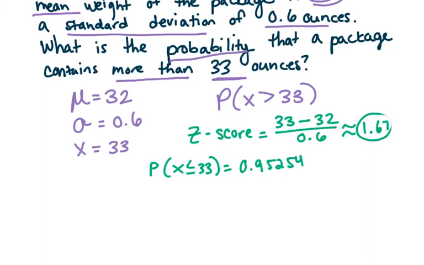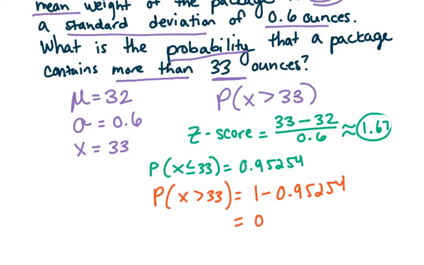The probability that x is greater than 33 equals 1 minus 0.95254, which is 0.04746, which means it's approximately 4.7%.